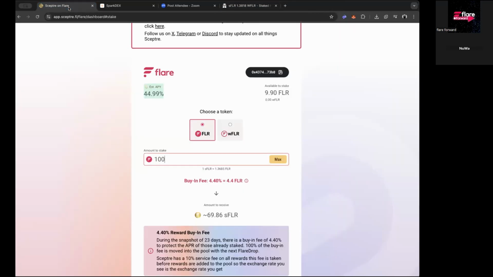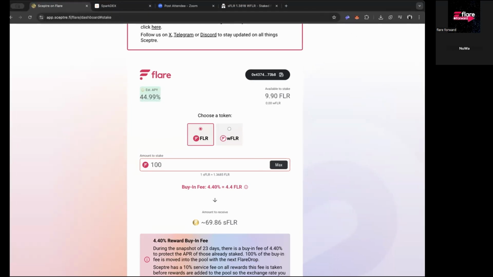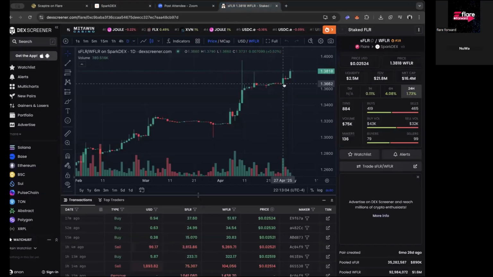And then the last few days, it has been climbing. Correct. But the Scepter hasn't updated their price yet. I guess no, because they're waiting for the flare drops, and the flare drops coming is what creates this price increase. So if we come back here, this would be the flare drop, price increased, flare dropped, price increased, and then flare drop comes.